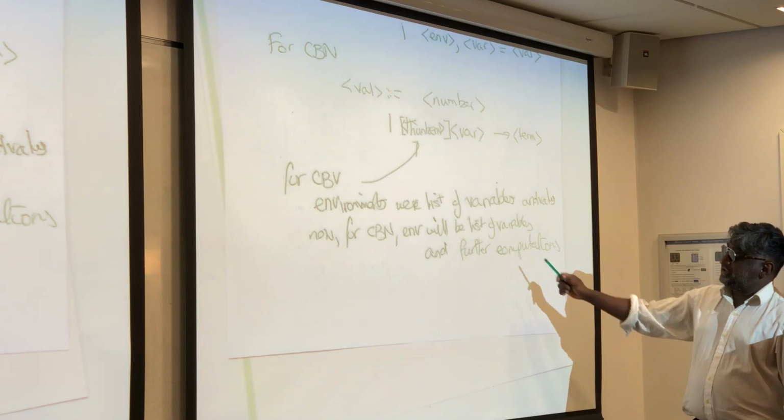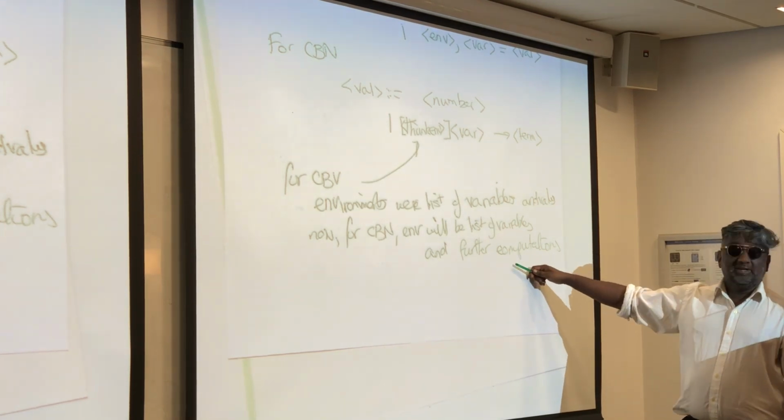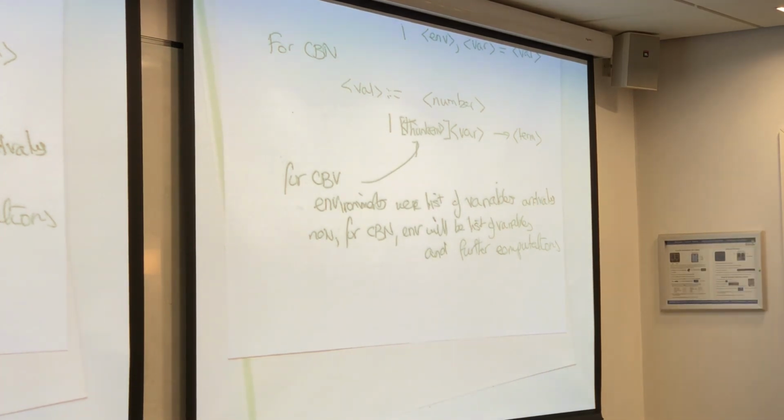So for example, we could say x is equal to delta delta. By putting it in the environment, we're not evaluating it, because we may not need it. Okay, so let's have a look at what these environments will look like.